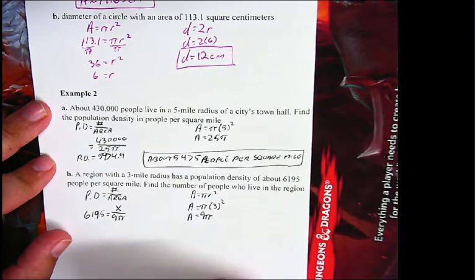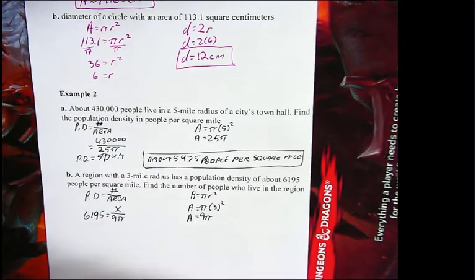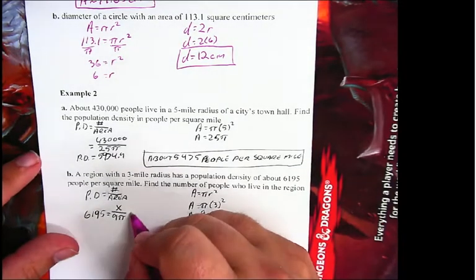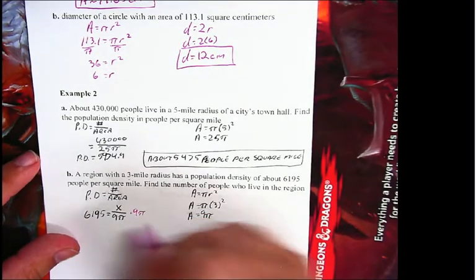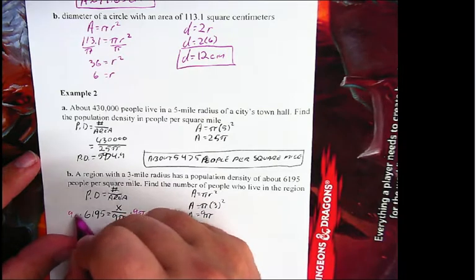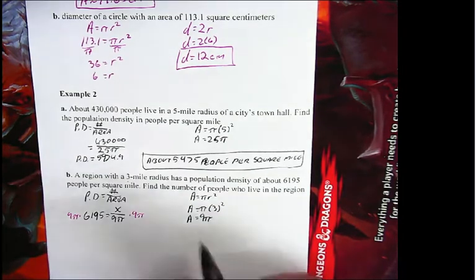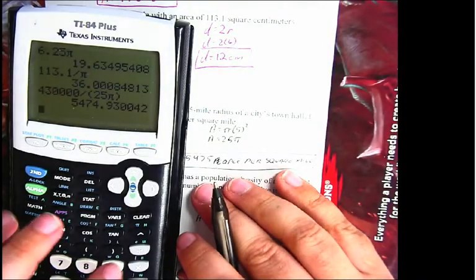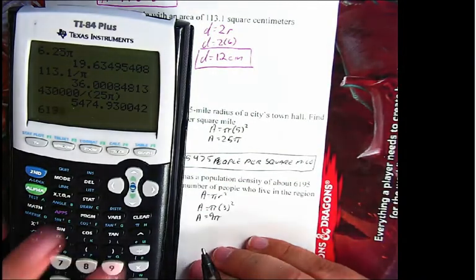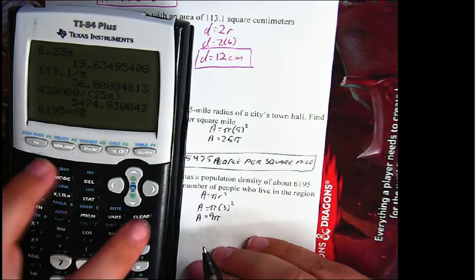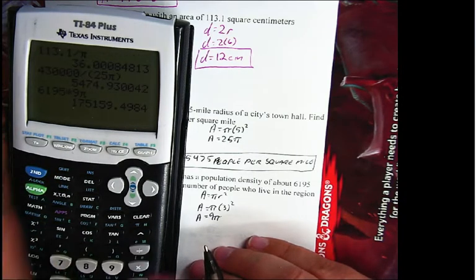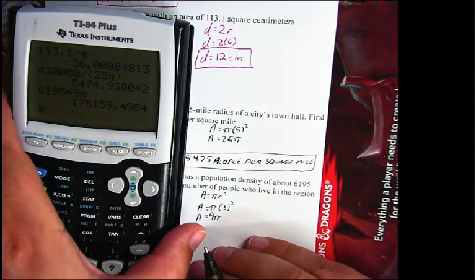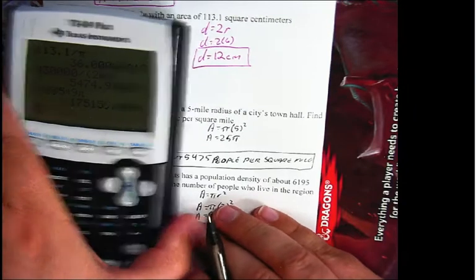9 pi. Okay, so we want to get x by itself. So we multiply both sides by 9 pi. And let's see what we get. So 6,195 times 9 pi, which is 175,159.4.